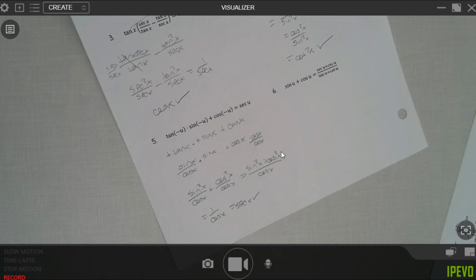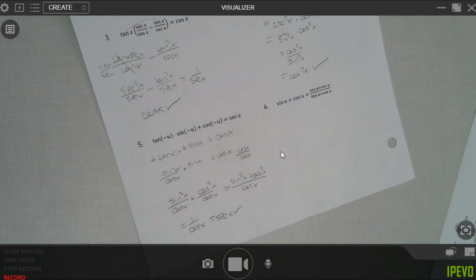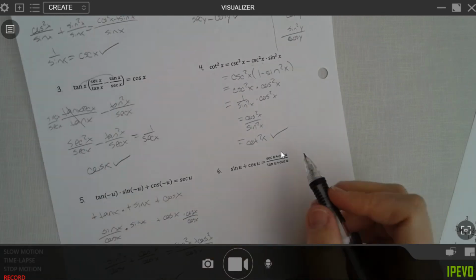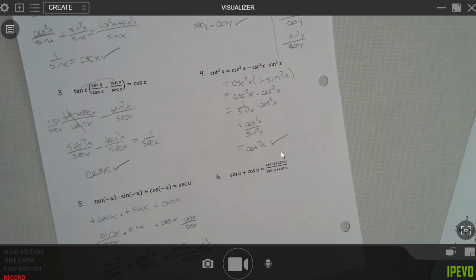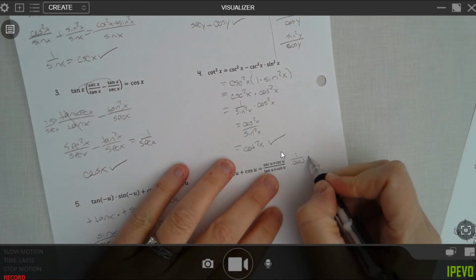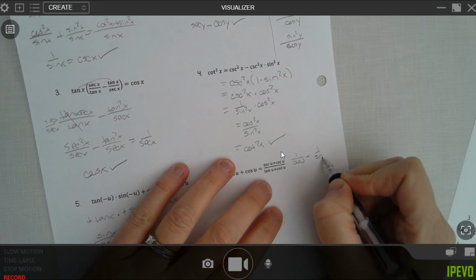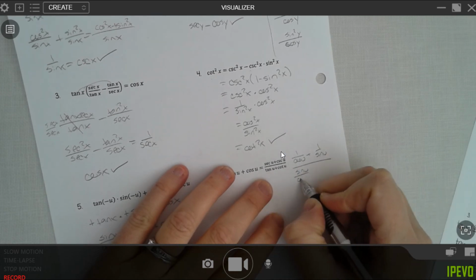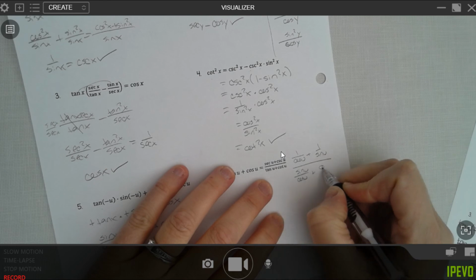All right, and then on our last one right here, this one also would require a trick on the left side here. So let's go ahead and just work the right side out. So the right side, I'm going to change everything to sines and cosines. So the first thing I have on top is 1 over cosine of u plus 1 over sine of u. And the bottom is going to be sine of u over cosine of u plus cosine of u over sine of u.